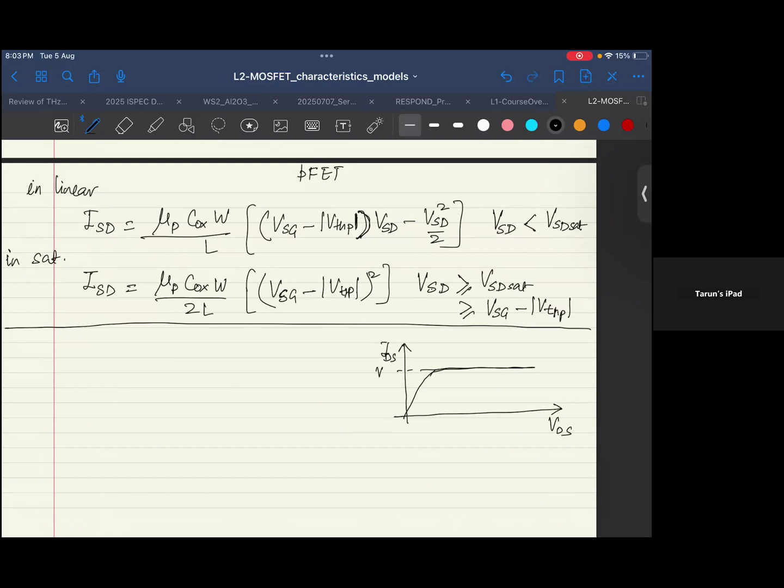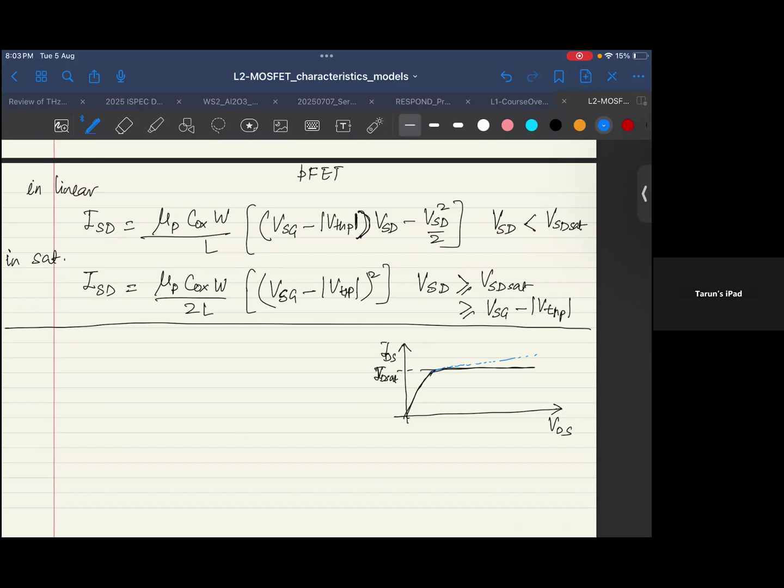That is what you effectively see. This is the IDSET. But when you do this characterization for technologies, let's say 180 nanometer and below, you see that this is not true. This is not fixed. That means the slope changes, but there is still some linear rise with the VDS.